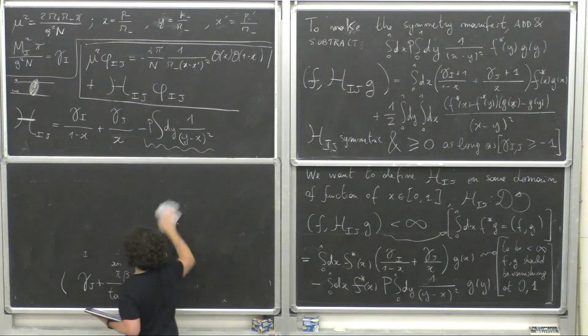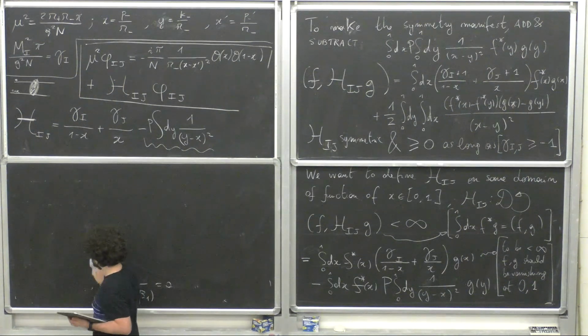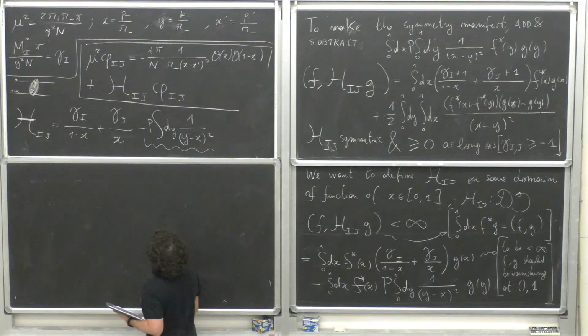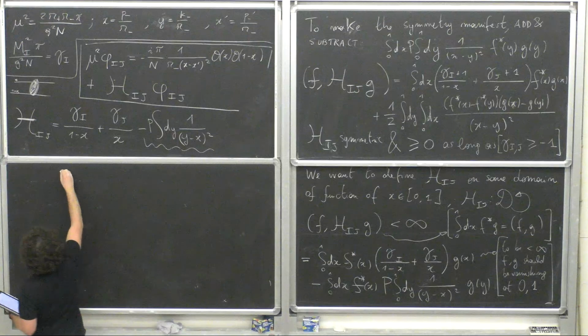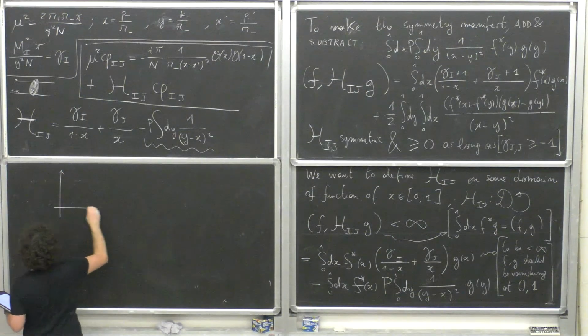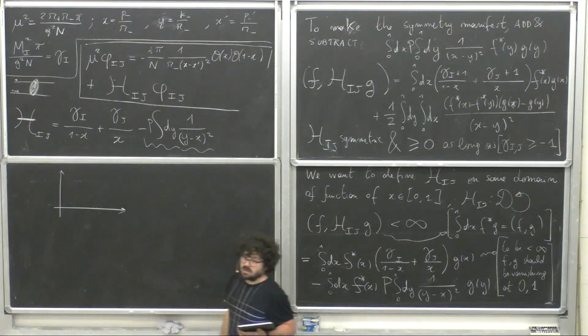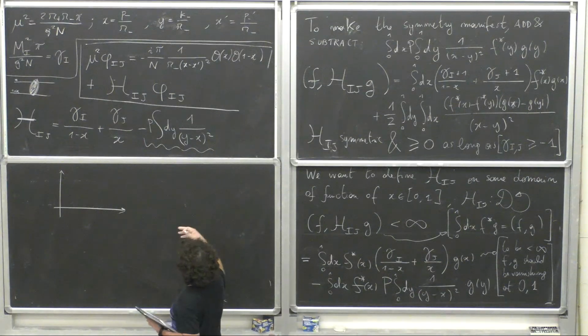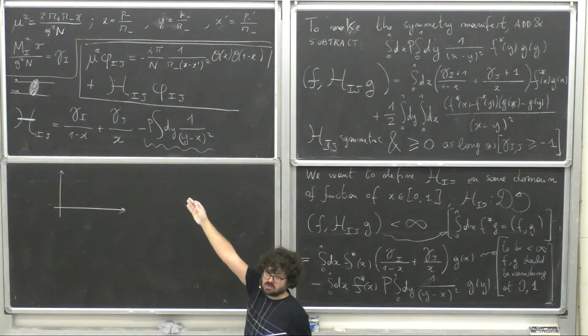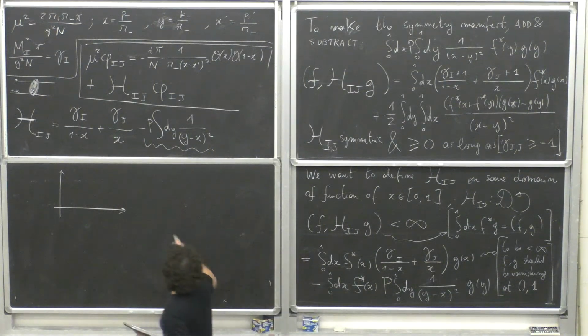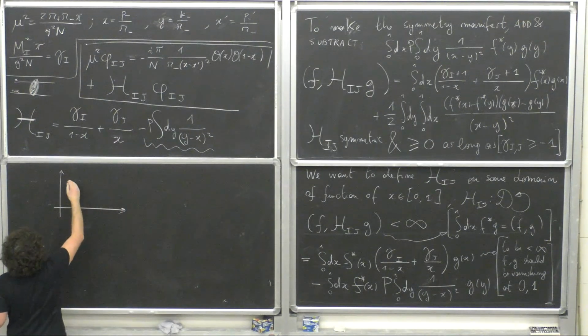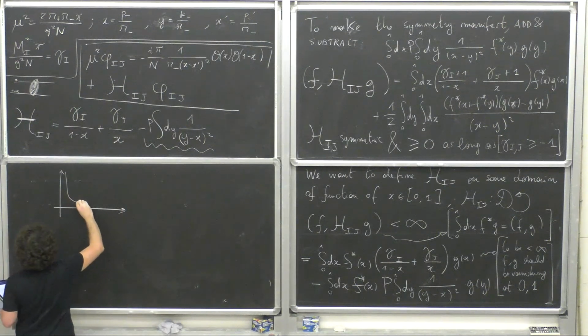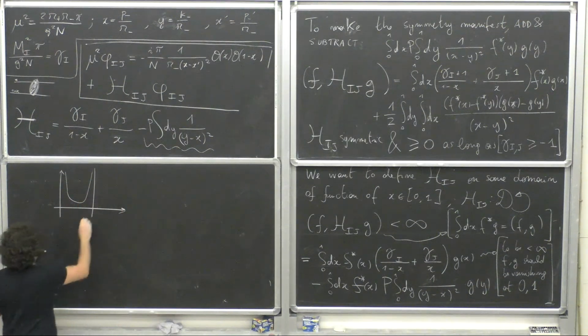So a very qualitative argument is that this is a bit similar to solving a time-independent Schrödinger equation on an interval, right? And you look, our potential, this thing that we have is divergent on the two sides, okay?